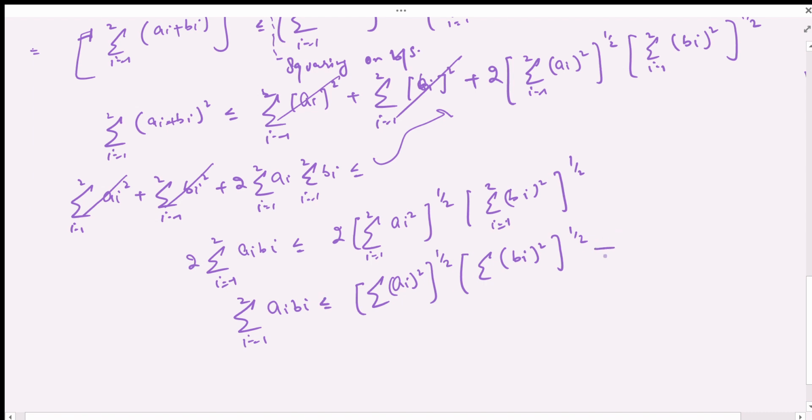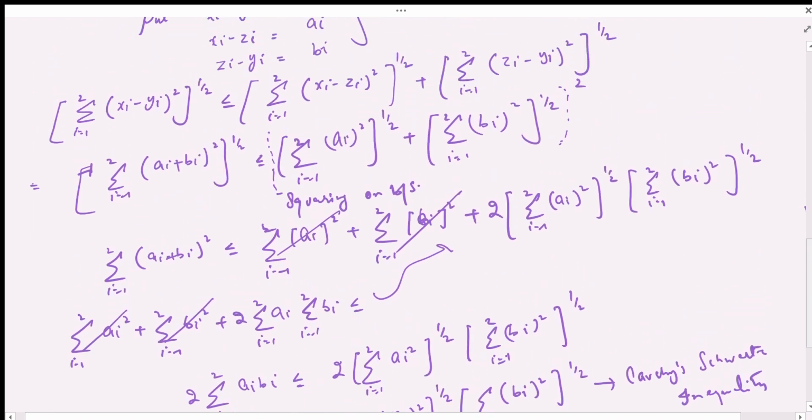So are you getting this inequality? This is nothing but the Cauchy-Schwarz inequality, which is always true. So this thing is always true.